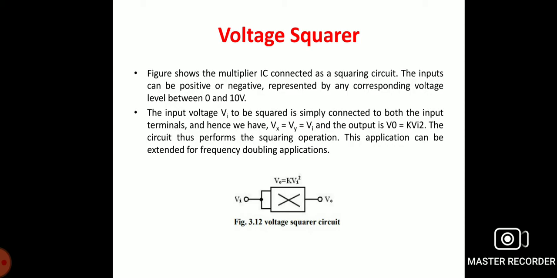In the figure, the multiplier IC is connected as a squaring circuit. The inputs can be positive or negative, represented by any corresponding voltage level between 0 and 10 volts. The input voltage Vi to be squared is simply connected to both the input terminals, and hence we have Vx equal to Vy.